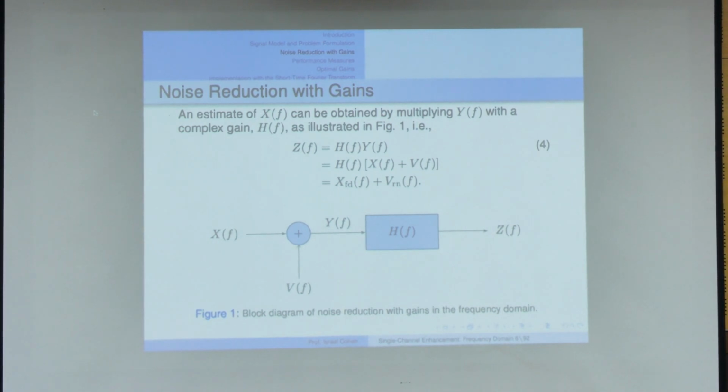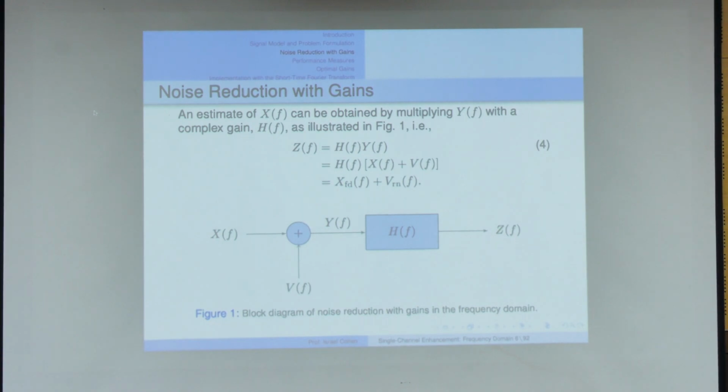Different gain. That's why we call it gain, because it's just a filter in the time domain, and it's also a gain in the Fourier transform domain, okay? So we can multiply it with different gains, and then we get two components in the estimation. One is the filtered desired signal, H multiplied with X, and the other one is the residual noise.